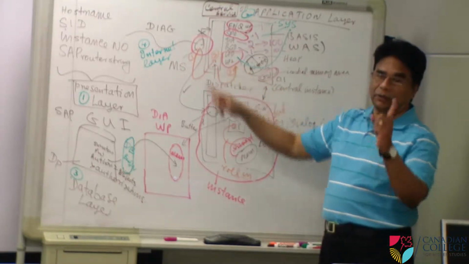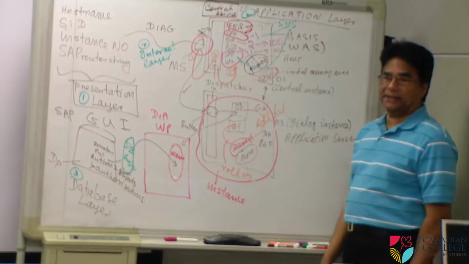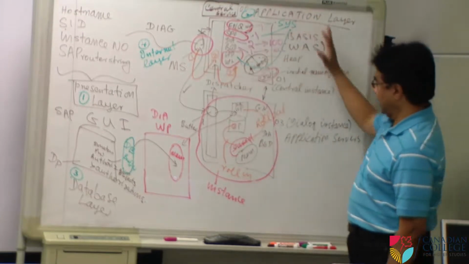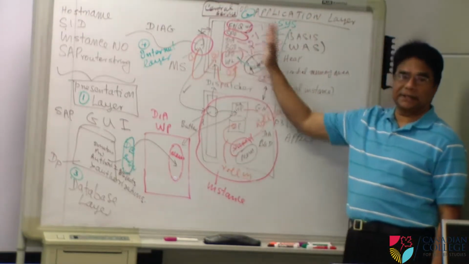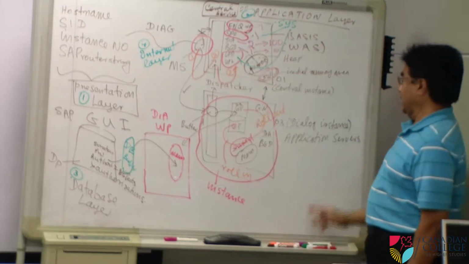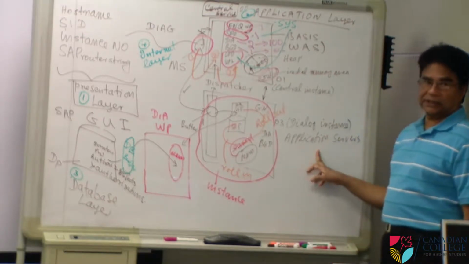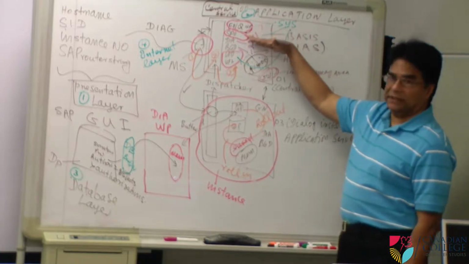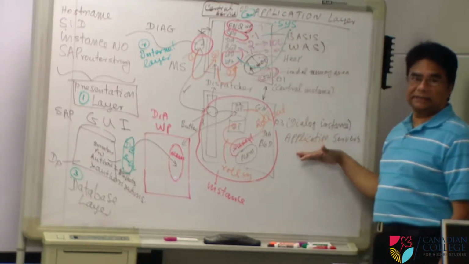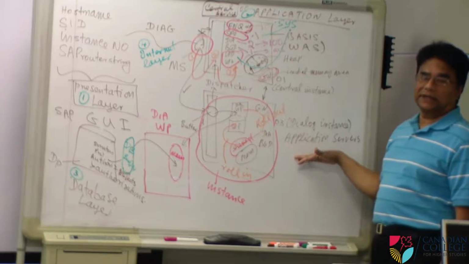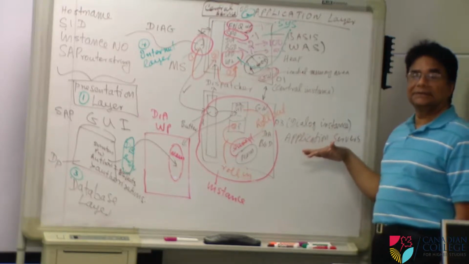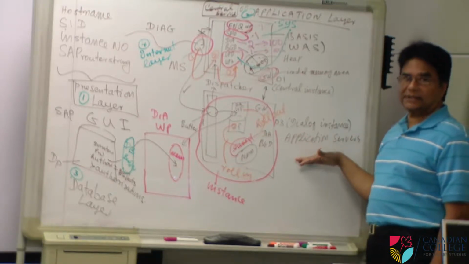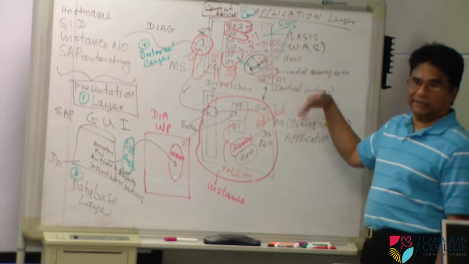We need only one central instance in a SAP system. A SAP system can have many instances, right? And this instance is called an application server. The central instance starts first and the dialog instance starts second. When you are shutting down, we shut down the application server first, the dialog instance first and then the central instance, the other way around, right?